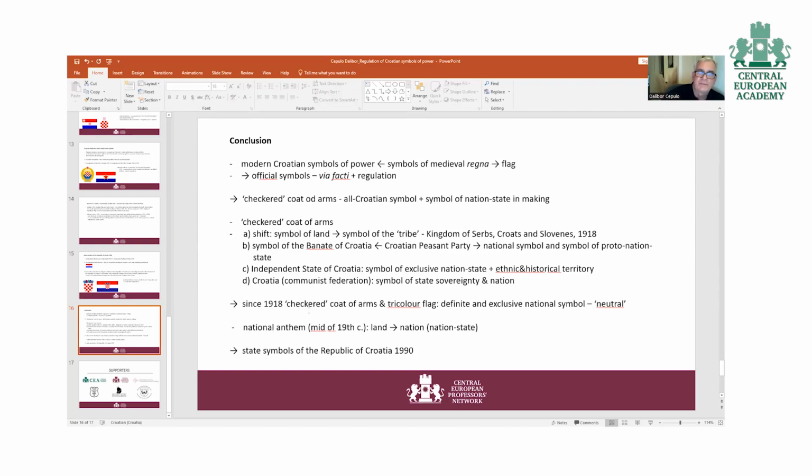And of course, the same was characteristic for the national anthem, that also passed through a kind of development. And because of that, they were made state symbols of the Republic of Croatia. That I explained more extensively in my previous paper.